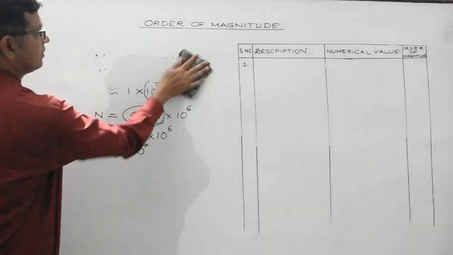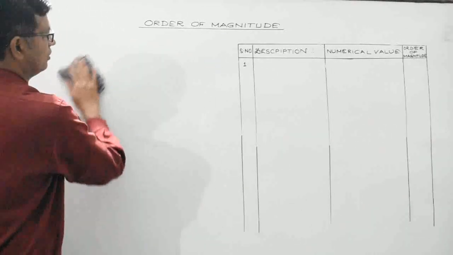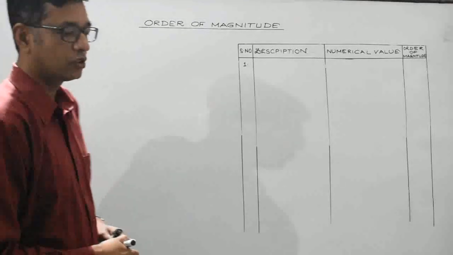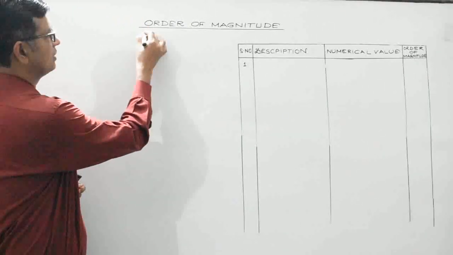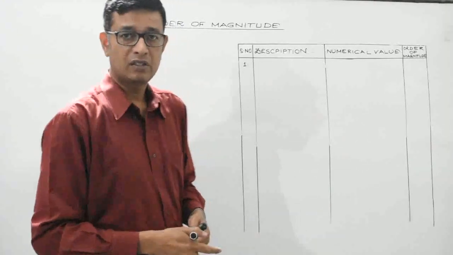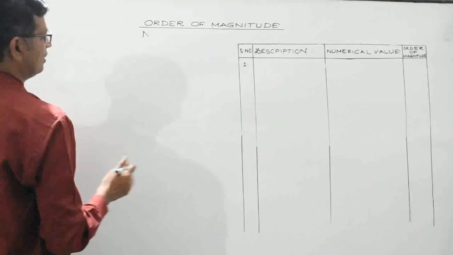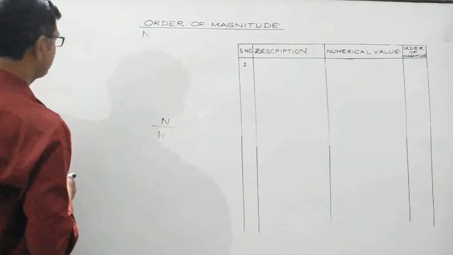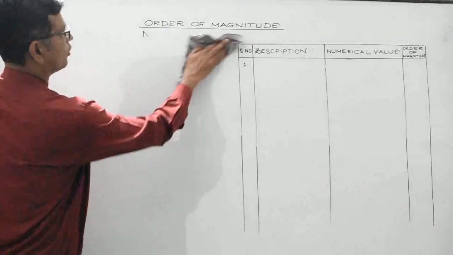Another method I will explain with the help of a formula. We need to satisfy it in order to get the order of magnitude. Suppose a physical quantity has a numerical value n. Its order of magnitude is 10 raised to the power x, such that it satisfies this equation.